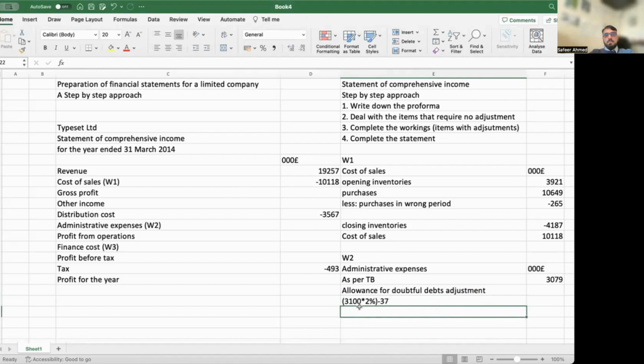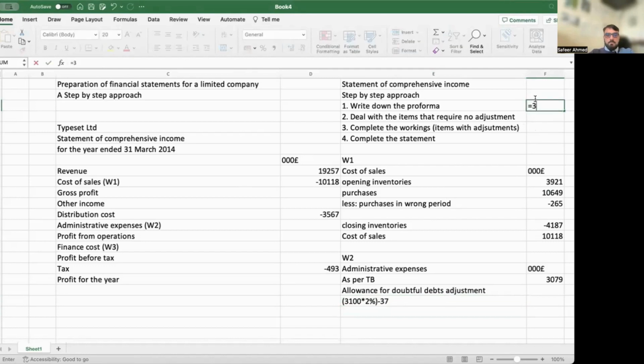So this is basically an increase in allowance for doubtful debts. So if it is an increase, we add it. If it is a decrease, we deduct it. As you can clearly see, 2% of 3100, which I can just calculate somewhere here, is $62.